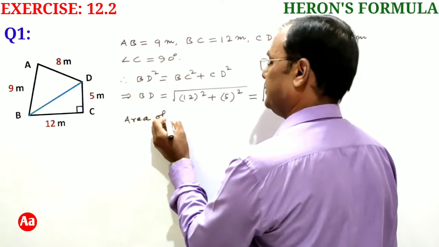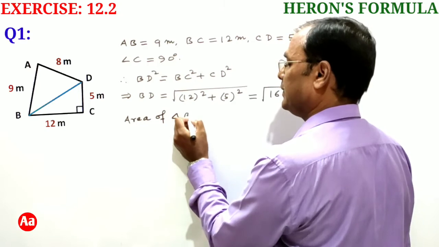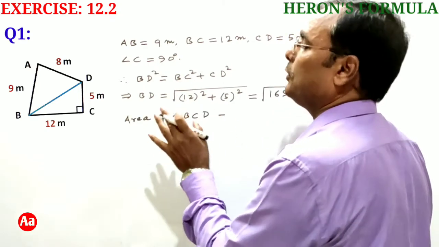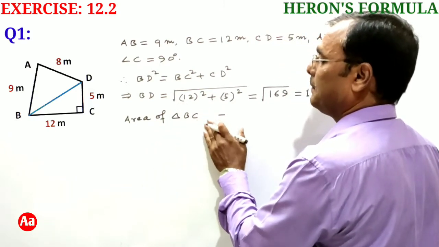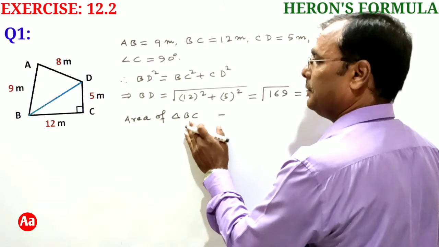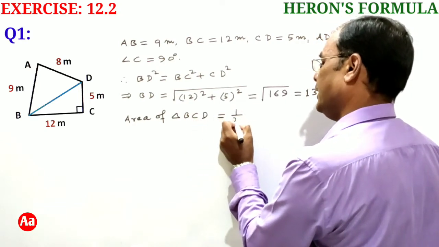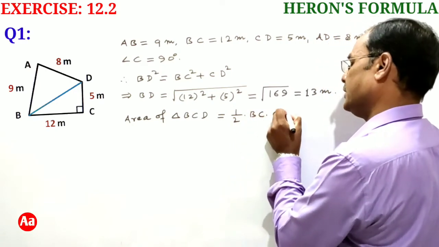Let me write, actually it is not a triangle but a triangular part of the park, but here I am writing area of triangle BCD is equal to half into base BC into altitude CD.